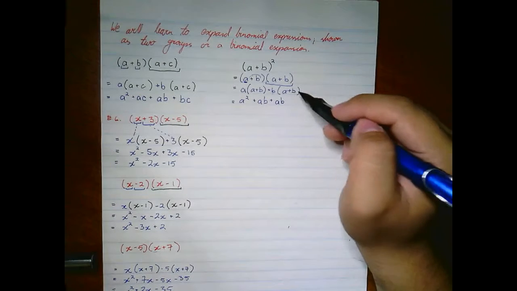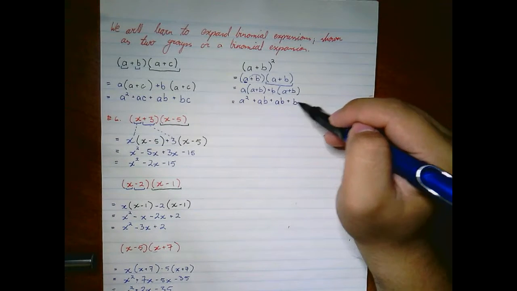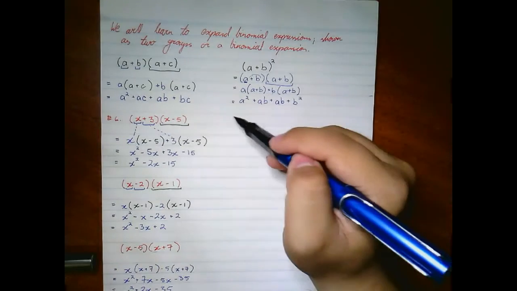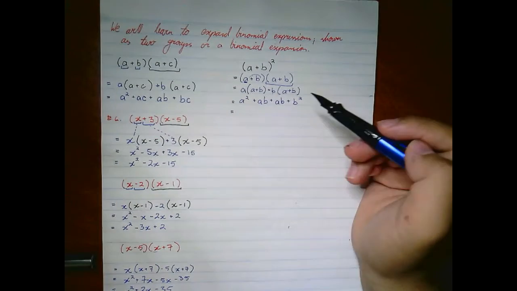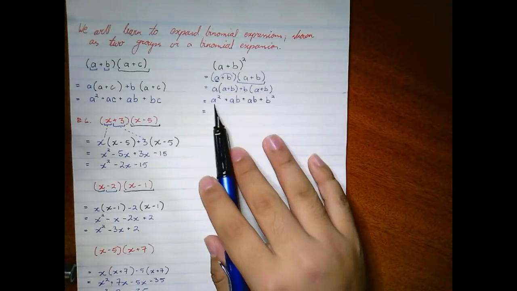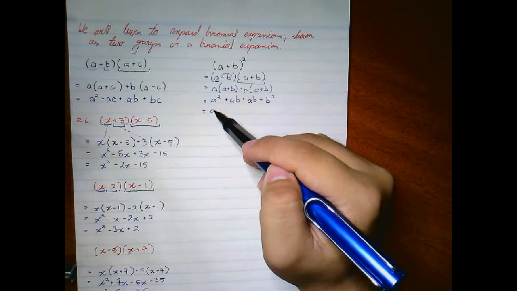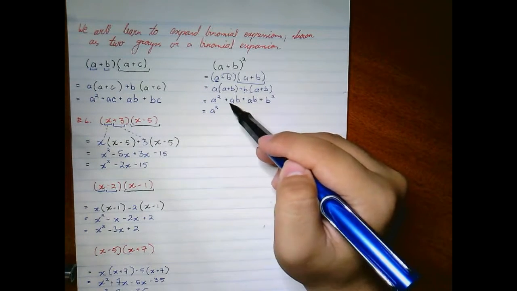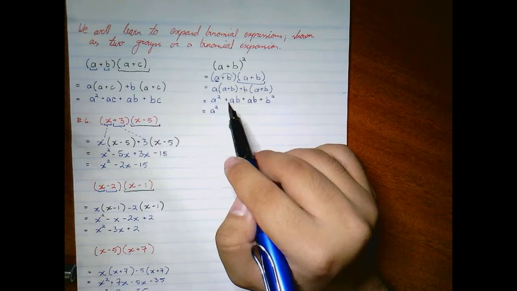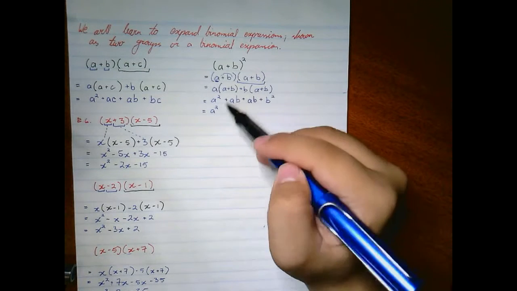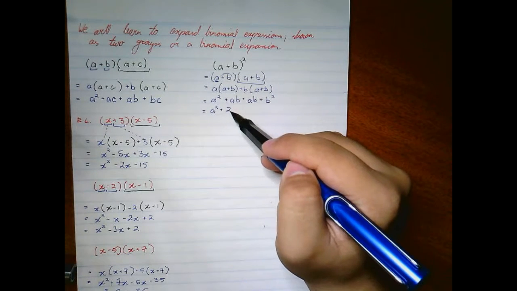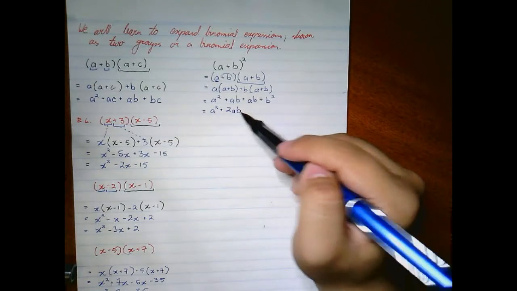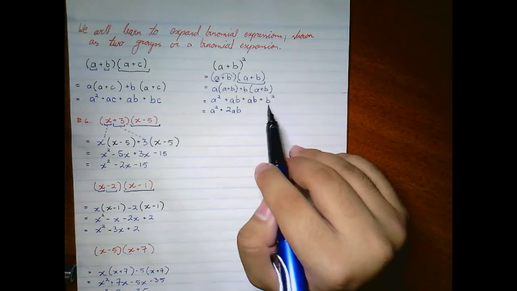And b times b is b squared. Collecting like terms, we get a squared plus, that's 1ab, that's 2ab, so that's plus 2ab plus b squared.